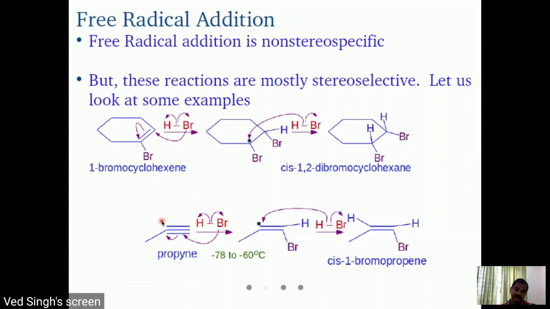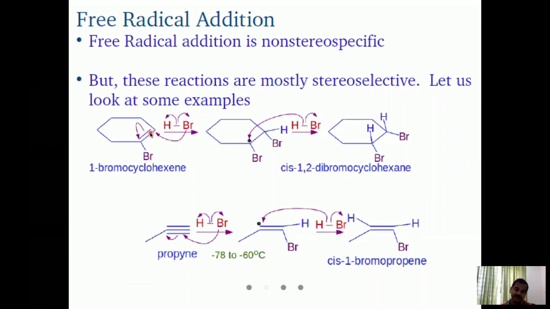This is 1-bromocyclohexene. HBr is going to react with this. How will this react? HBr will give Br minus nucleophile and H plus electrophile. So in the first step, there is formation of a free radical. HBr will give a free radical. Now this double bond will also generate free radicals, one electron on this side of the bond pair, one electron on this side, and this one electron will react with the free radical present in the reaction mixture.